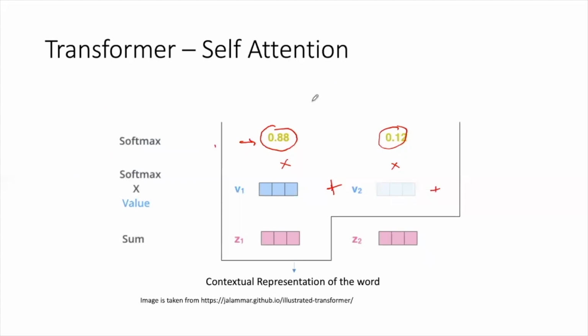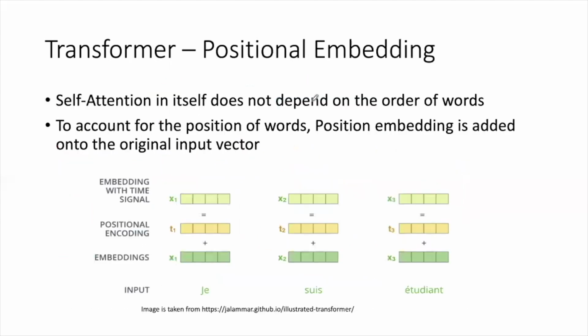It's just dot products and multiplications, etc. So we introduce a concept called positional embedding that helps us introduce this position variable, to account for the position of words.